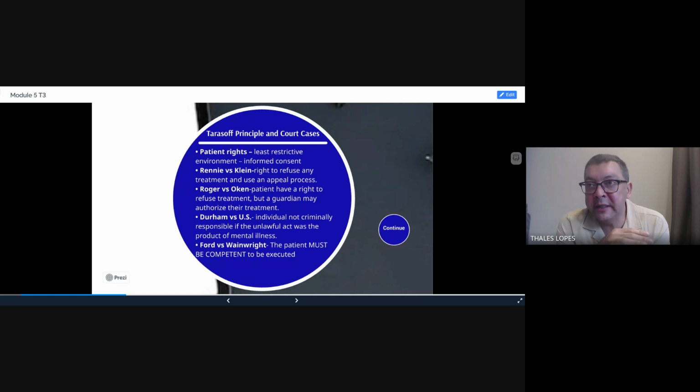Someone right now is thinking, no, because he's involuntary and he has schizophrenia. I know someone is thinking that, right? So Rennie versus Klein says the patient has the right to refuse any treatment and use an appeal process. What would likely happen is the hospital takes this case to court and the court will decide. But for now, the patient says, no, I don't want that medication.